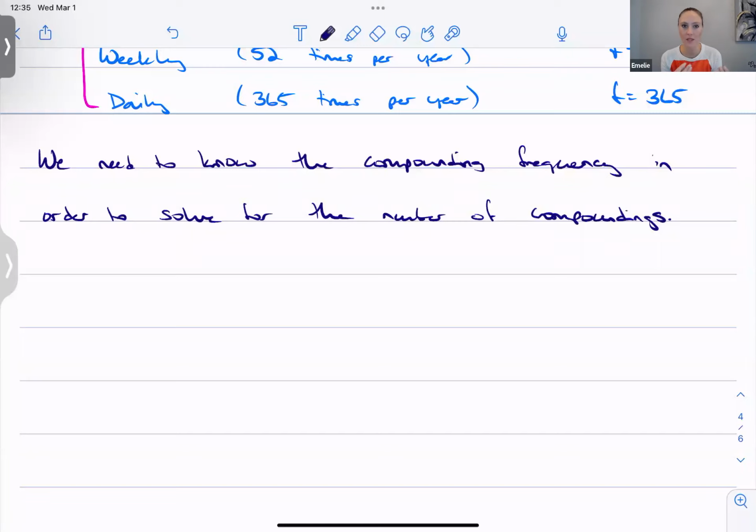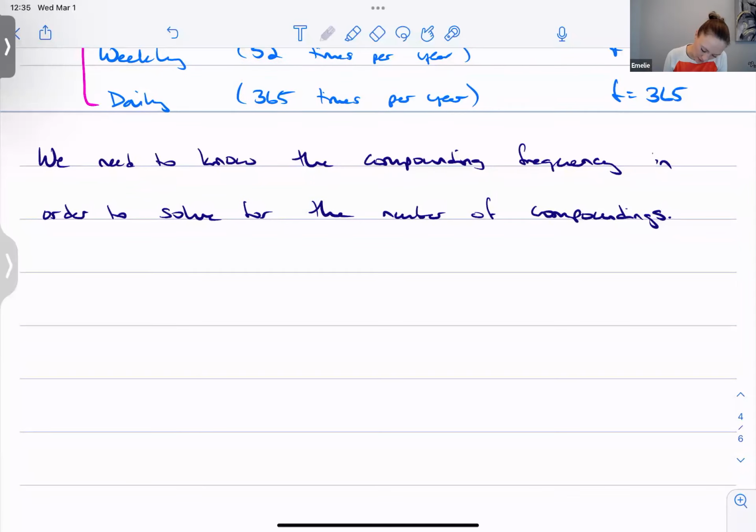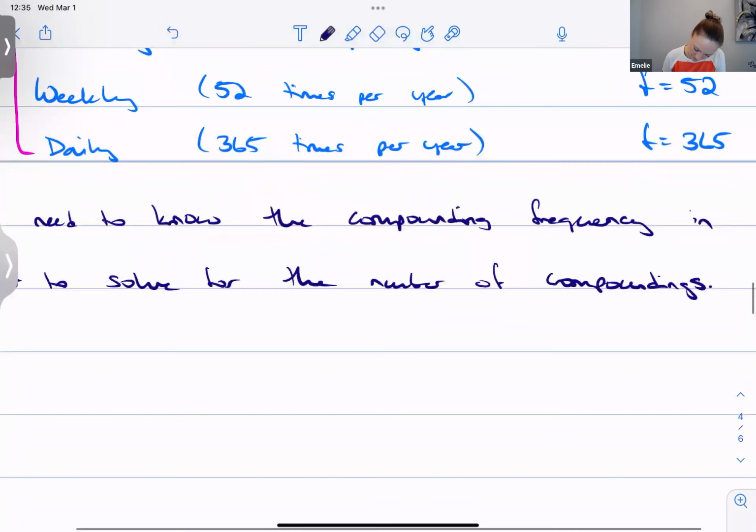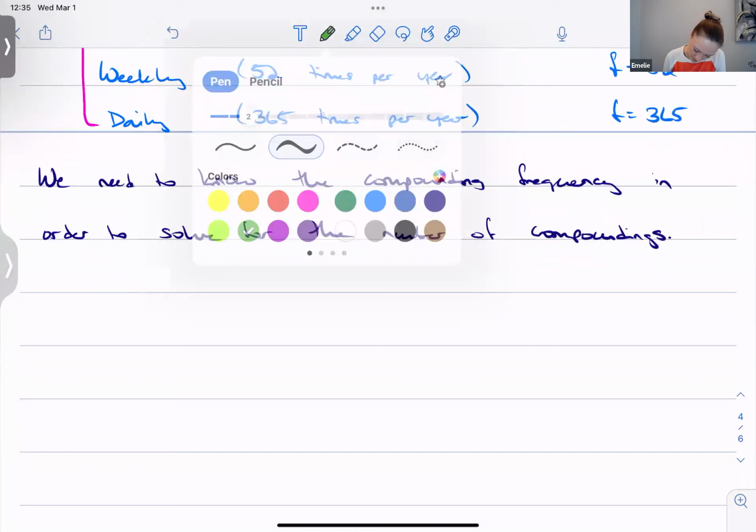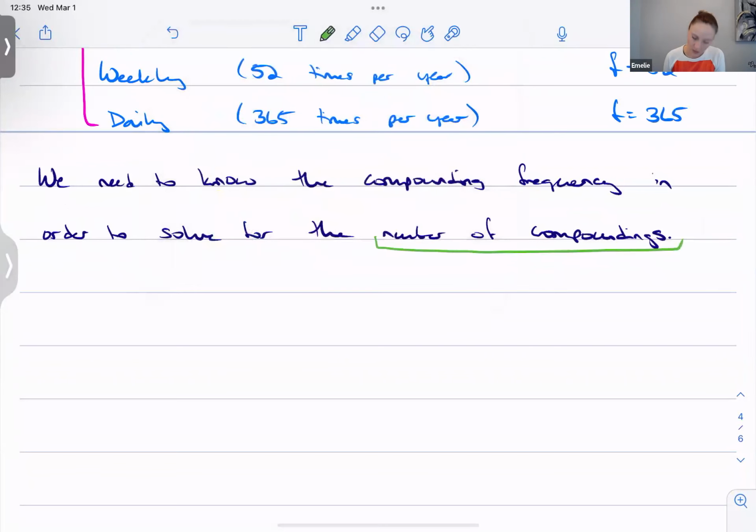And so we still need to know T. The number of compoundings replaces T in our calculations. It relies on T, but it just breaks up T, which is in years, into the number of compoundings.